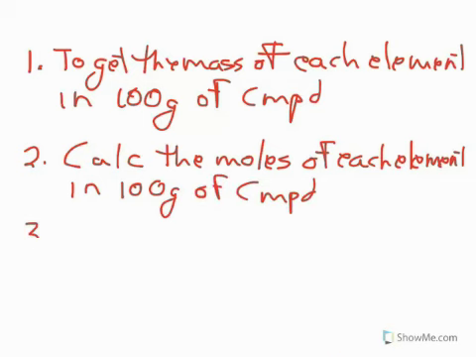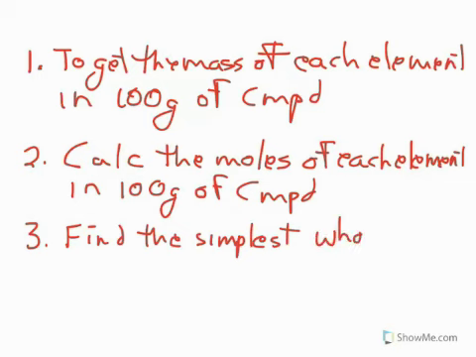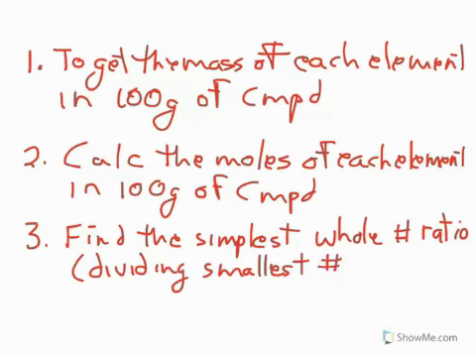The third step is to find the simplest whole number ratio, and that is just dividing the smallest number into each.